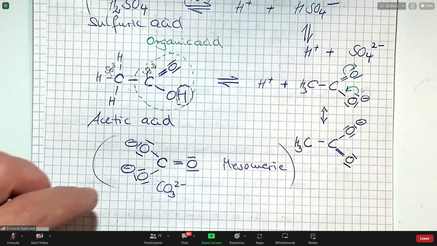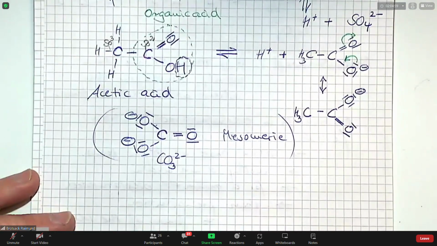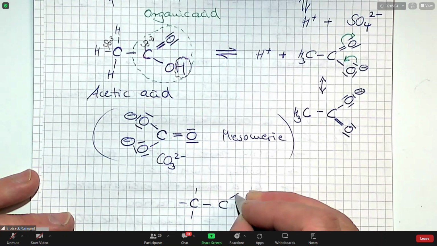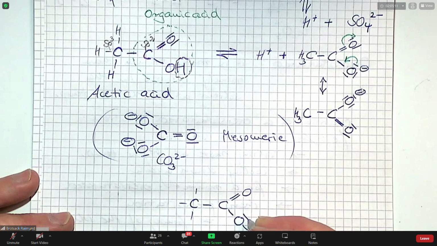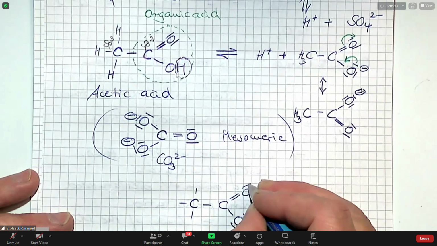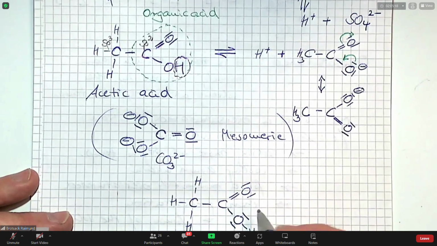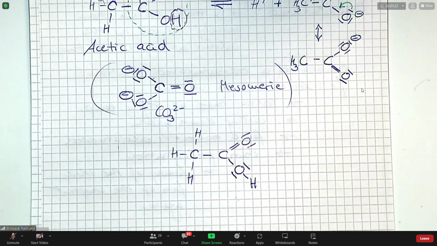What do you think when we draw the acetic acid molecule once more? CH3, CO, and O, and H. This is how it is bonded. What do you think about the location of the electron pair here, is it more on the hydrogen or more on the oxygen?